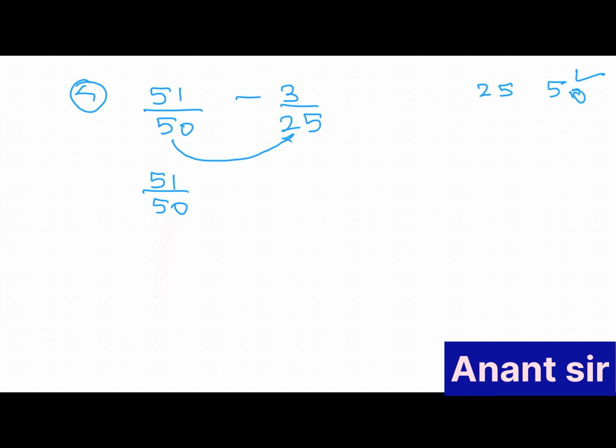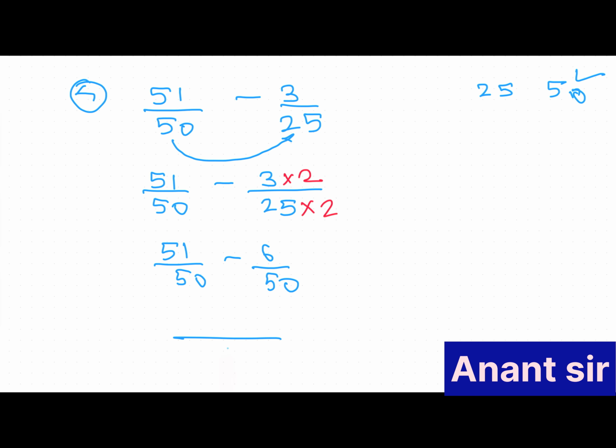The first fraction already has denominator 50, I don't need to make anything for that. In the second fraction I am going to multiply the denominator by 2, so I have to multiply the numerator also. My first fraction was 51 upon 50, second fraction has become 6 upon 50.